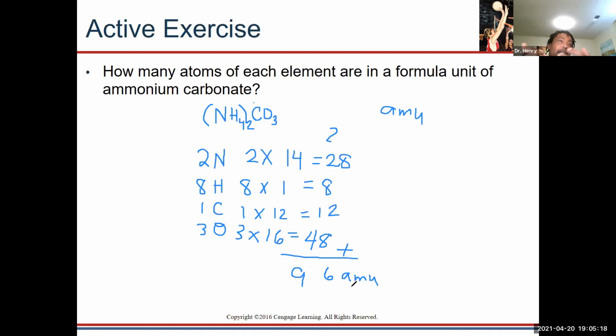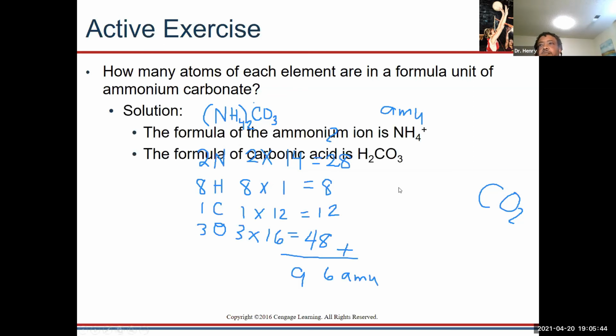Whereas something like carbon dioxide, CO2, is connected because they're sharing electrons. But the way that we calculate the formula mass is exactly the same way as we calculate the molecular mass. But chemists like to pay a little more attention to the semantics. Just for the record.